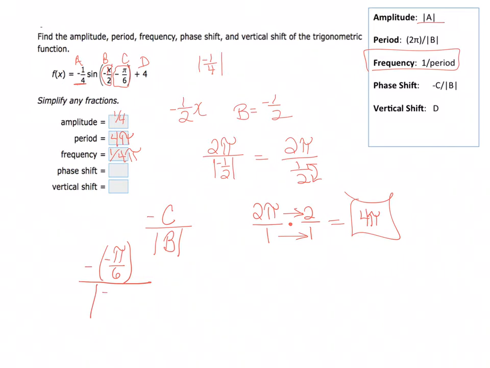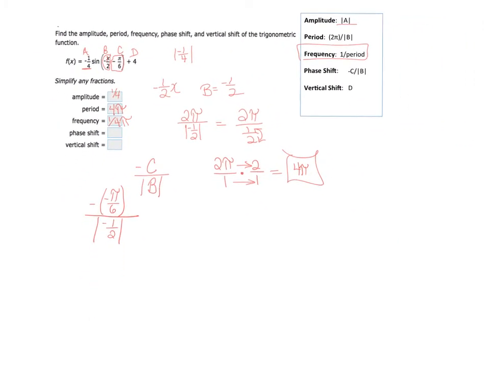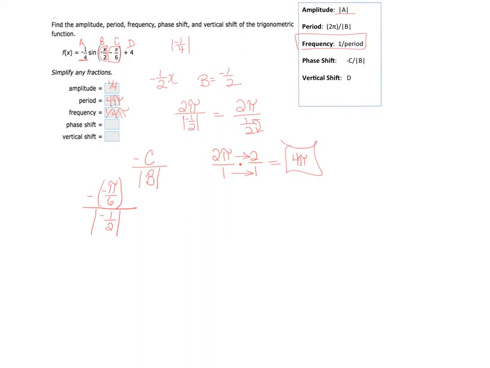Absolute value, negative 1/2. So you've got a lot of fractions over fractions here. That can get a little treacherous if you're not careful with your fractions and your negative signs, but it's not too bad if you just keep everything written down carefully. So negative, negative, we've got a positive pi over 6, and an absolute value of negative 1/2 is positive 1/2.